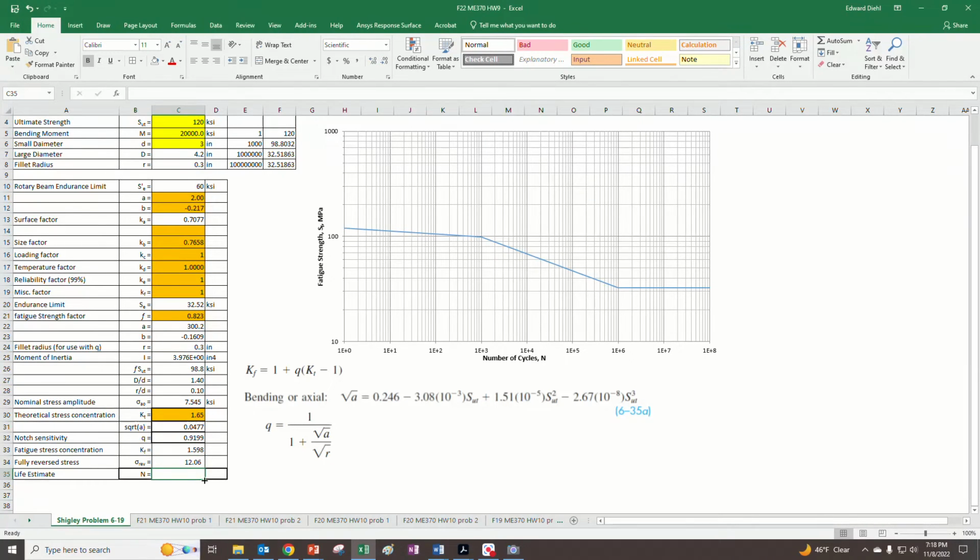And so now for the life estimate, what we're going to do is go backwards and use the equation.